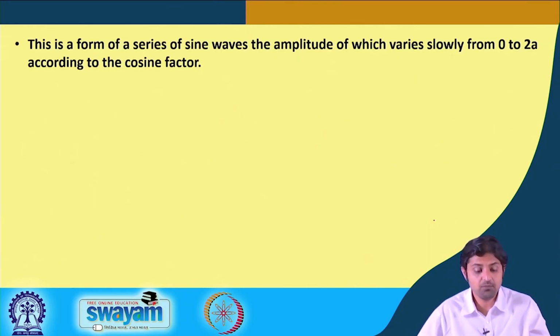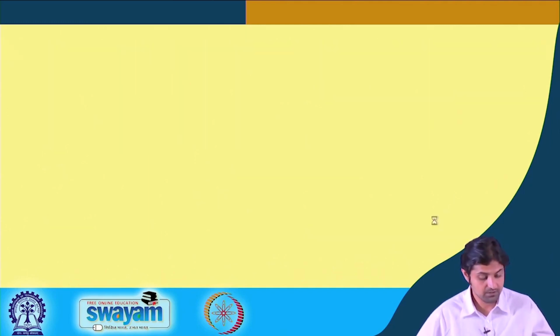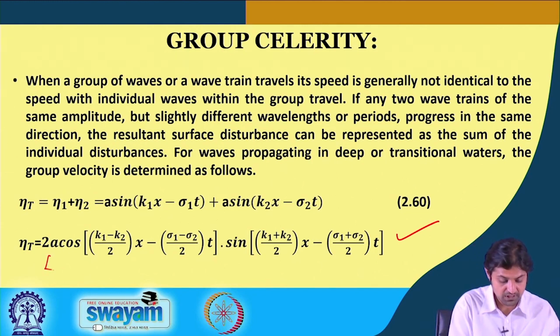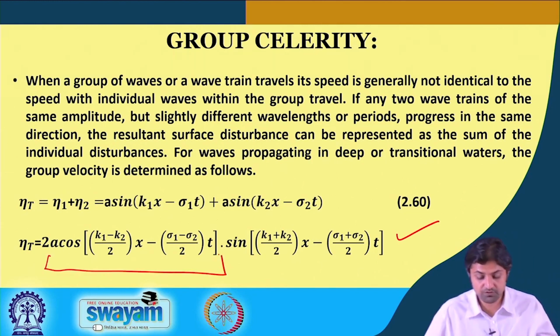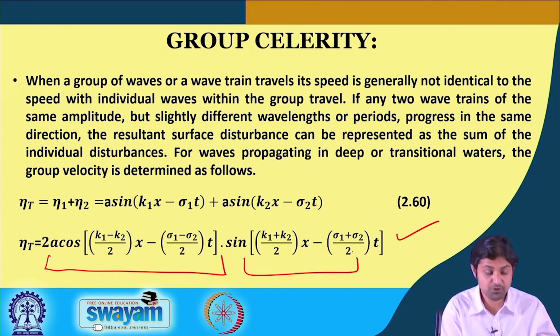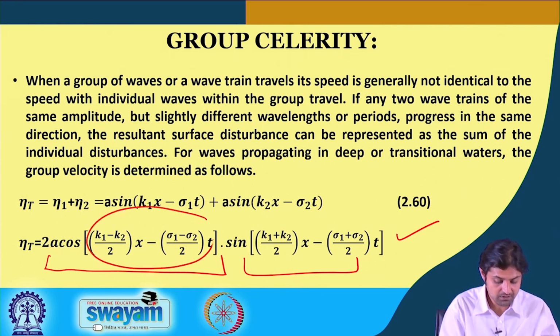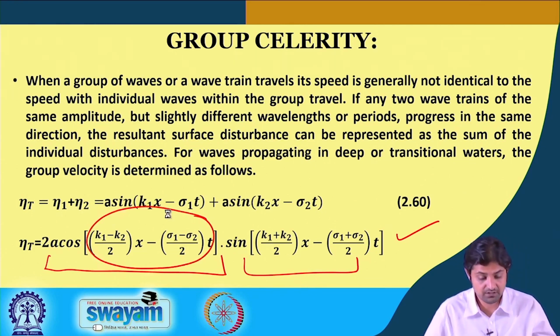So this is a form of a series of sine waves, the amplitude of which varies slowly from 0 to 2a according to the cosine factor. We say this is the amplitude of the wave and this is the phase, and the amplitude varies from 0 to 2a depending upon what the phase is here.